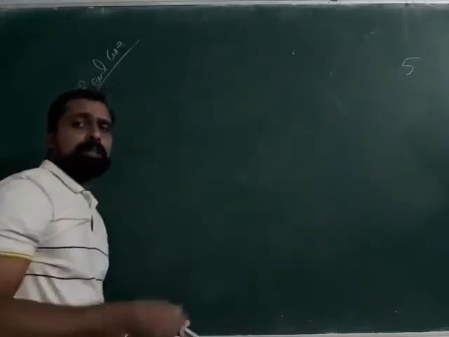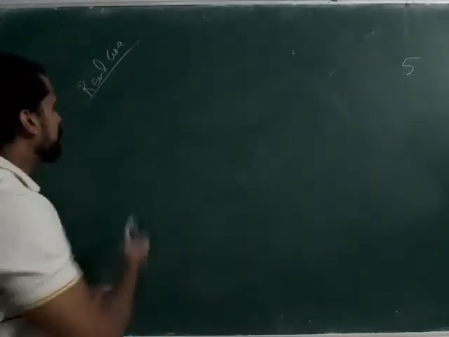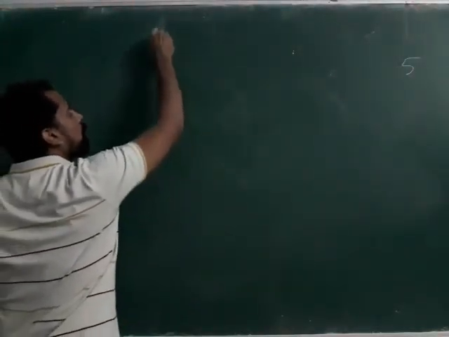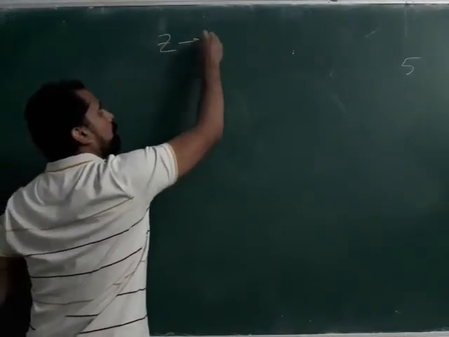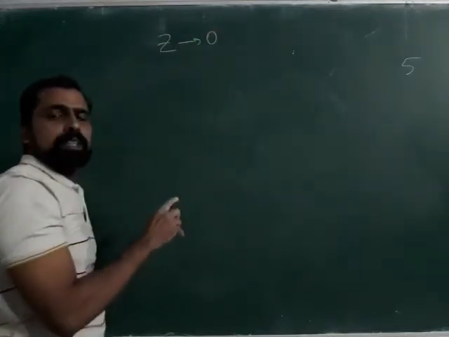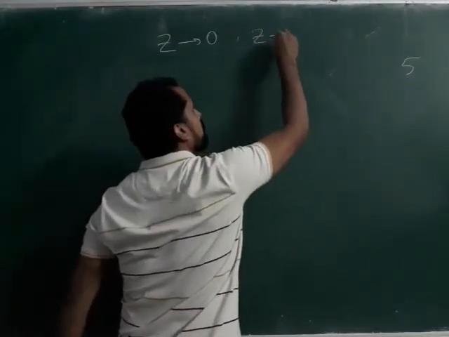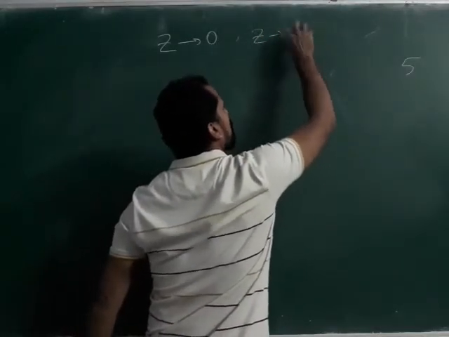So the problem we are going to address in the case of a complex situation: what is the meaning of z tending to 0 and what is the meaning of z tending to infinity?